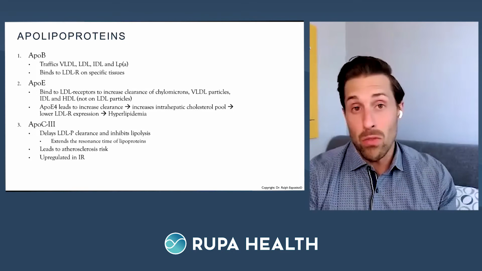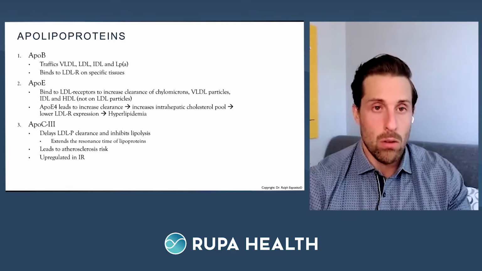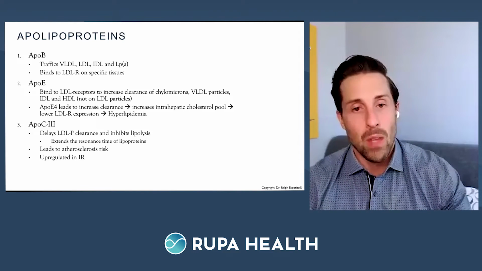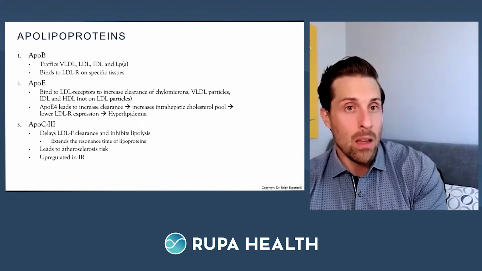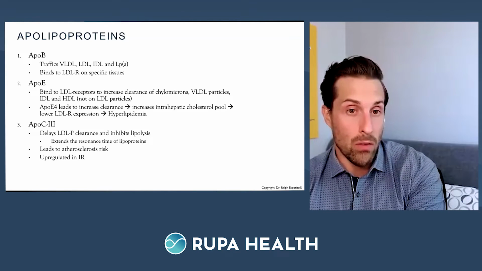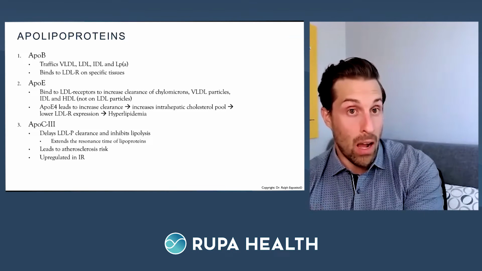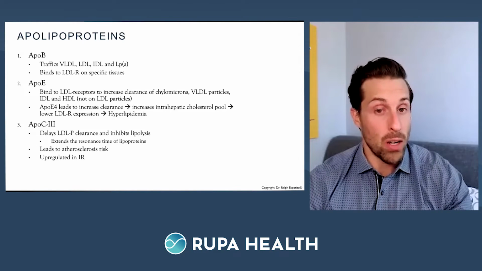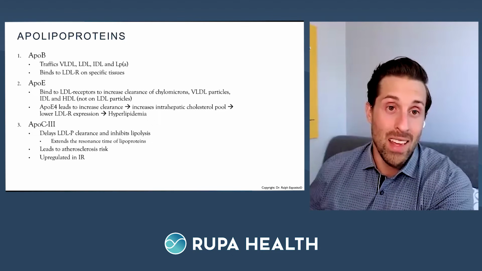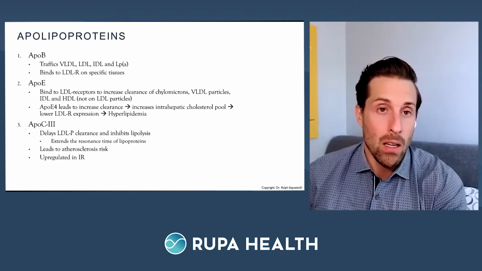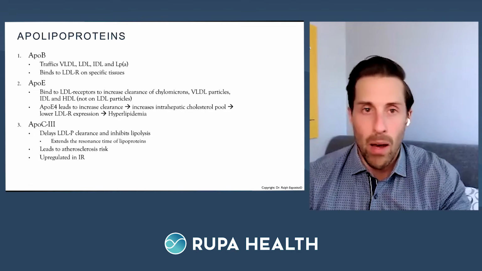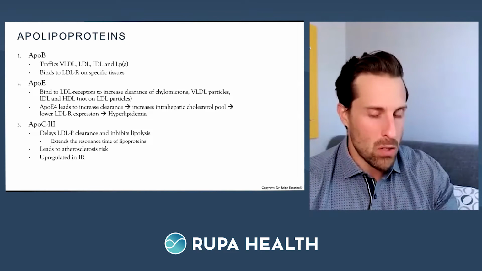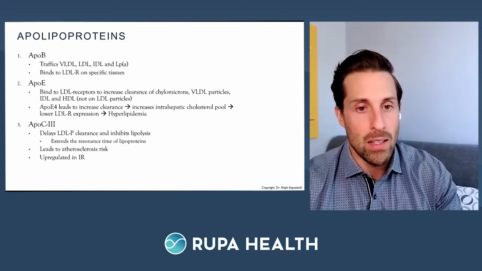So essentially whether somebody's insulin resistant or not, which is also influenced by their diet, their lifestyle, their muscle mass, etc. And what ends up happening is that ApoE binding to the LDL receptor brings in cholesterol, which is on the lipoproteins, and that may have an impact on the LDL receptor expression, which in response then causes hyperlipidemia or elevated lipoproteins in our blood. We'll talk about why that happens, and if it's clearing more, then why would it cause more hyperlipidemia? There's more function to that, which we'll get to in future slides.